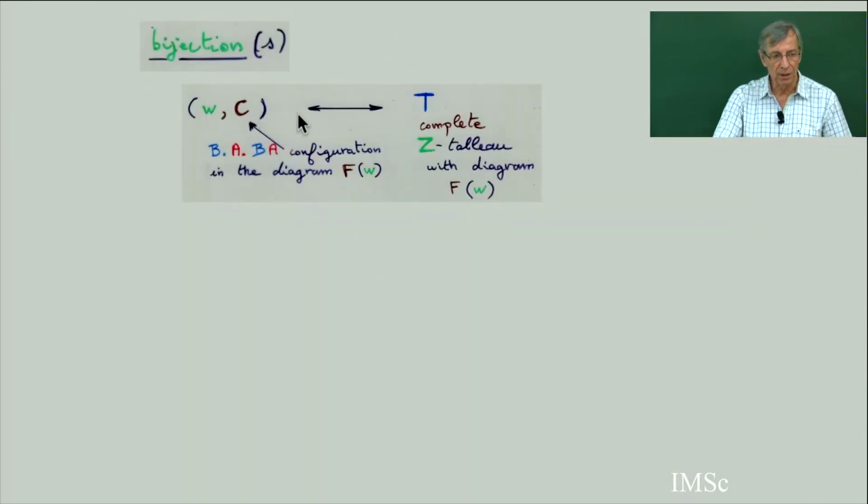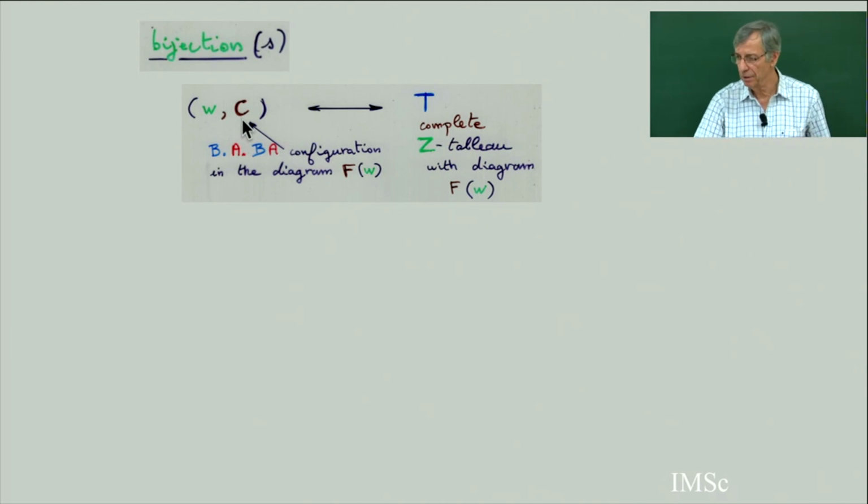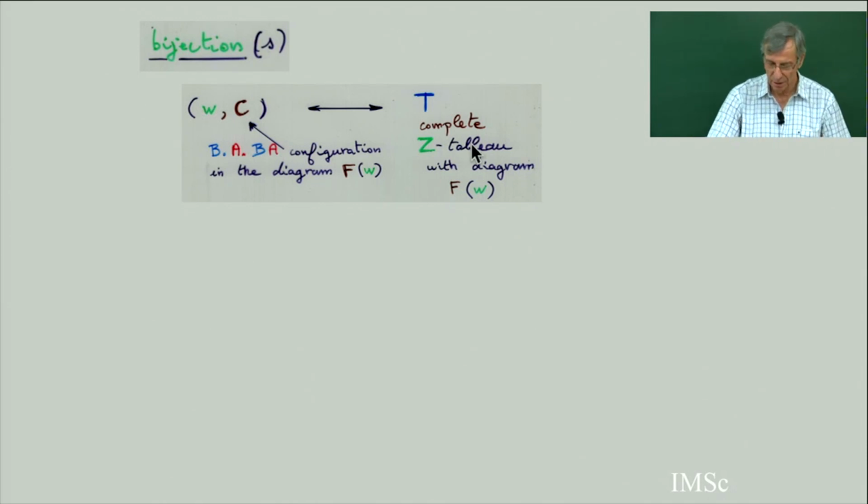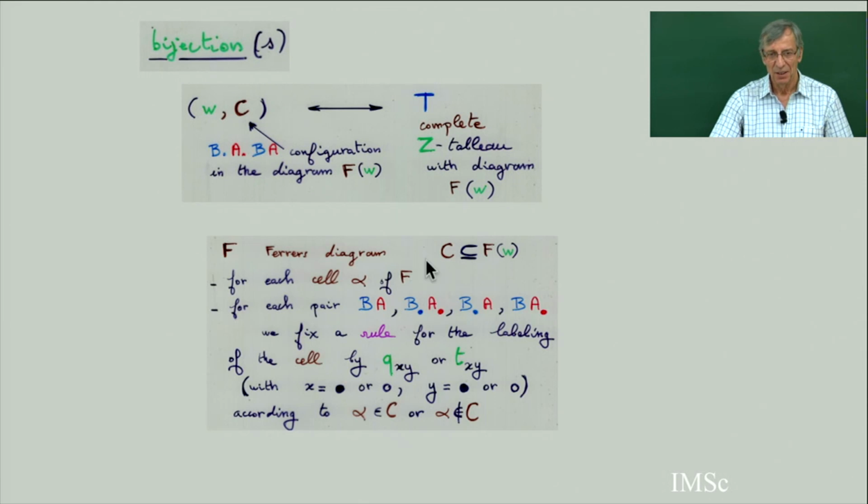So this gives you a bijection between this B-ABA configuration, which means a subset of a Ferrers diagram, and the word at the border, from which I can get the complete tableau. Even more, we can make some more bijections by saying, okay, you have a certain rule.